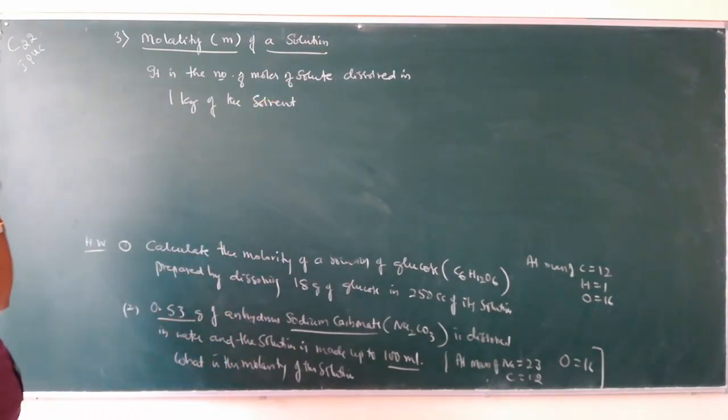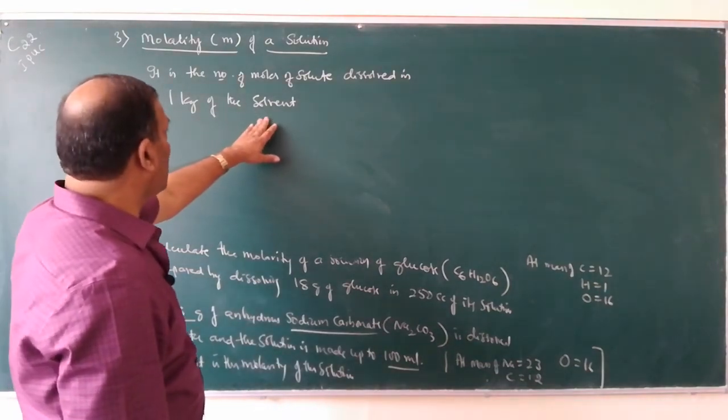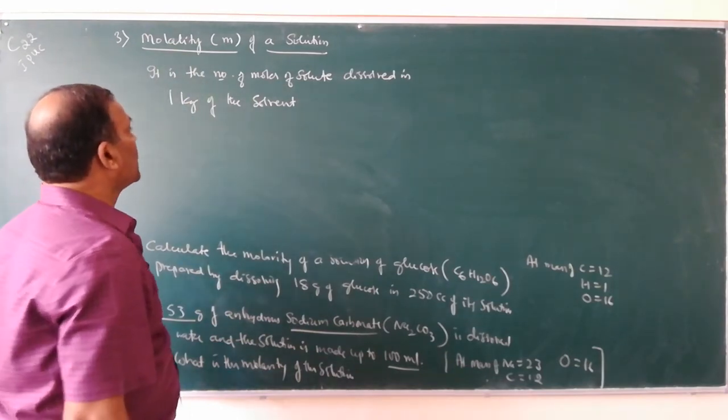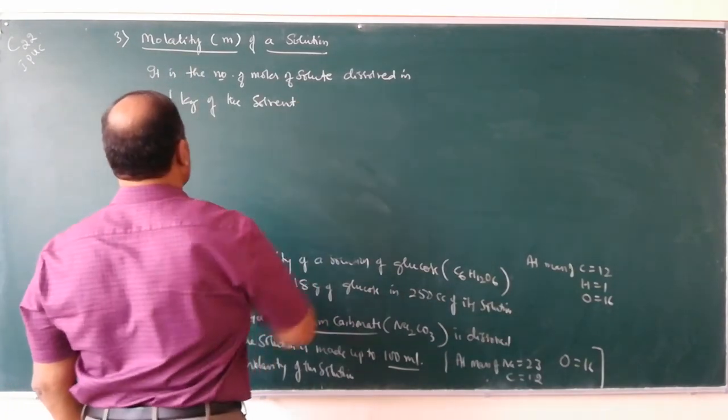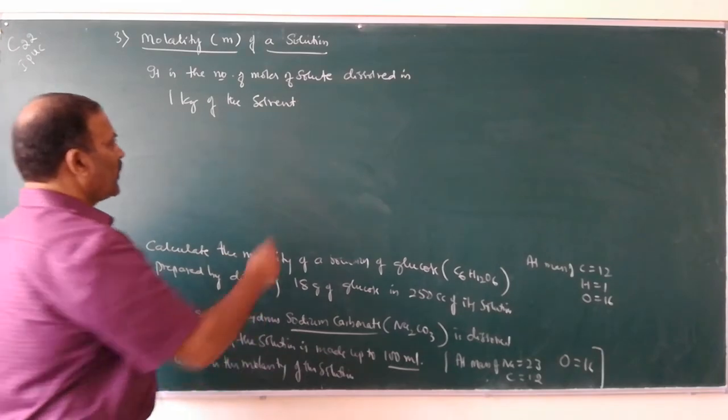The number of moles of solute dissolved in 1 kg of the solvent is called molality.